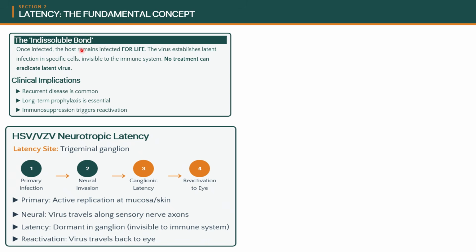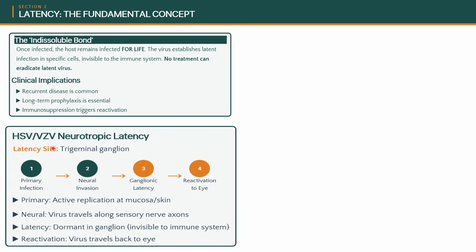So based on this principle of the indissoluble bond, there will be recurrence. All these viruses are characterized by recurrence, and they will have a dormant stage. So by history, the patient will give you a history of recurrent attacks of the same problem. Now, the difference is in the latency, the structural latency.